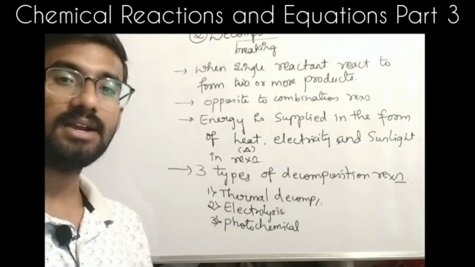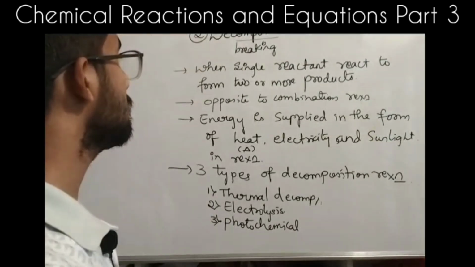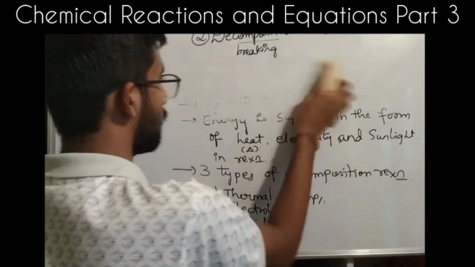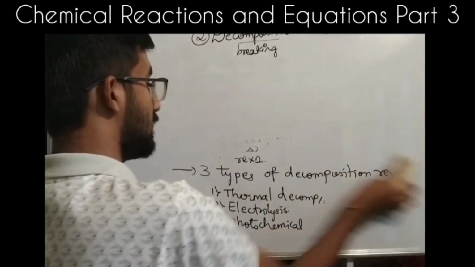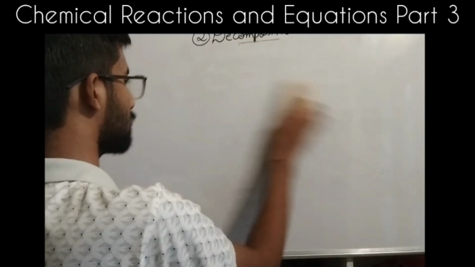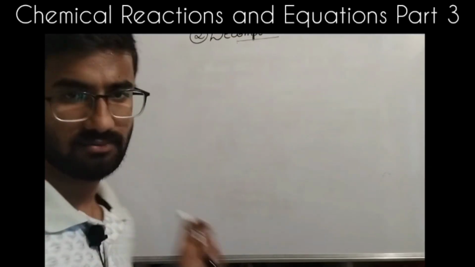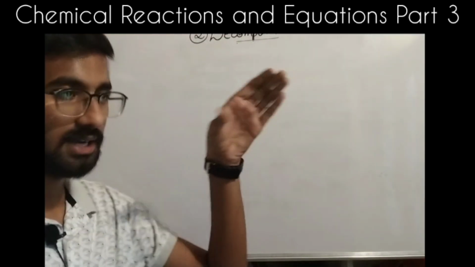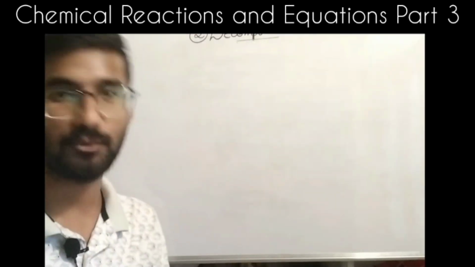Now let's discuss all these 3 types of reactions. First one is thermal decomposition reaction, second one electrolysis, and third one photochemical, with an example and the definition. The definition always goes with the decomposition reaction only.